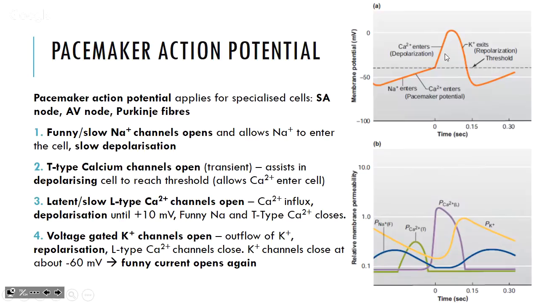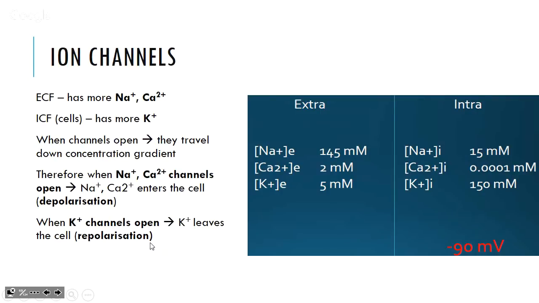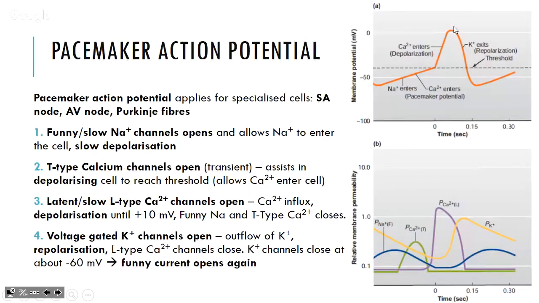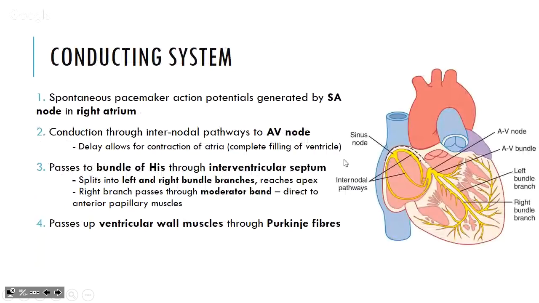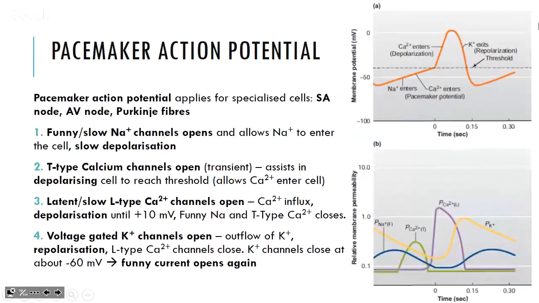This is the slow L-type calcium channel, which will result in even more depolarization until you reach this point. Once you reach this point, this voltage-gated potassium channel will open, and as you may already know, potassium results in repolarization, so it will go down. This is what's actually coming out of the SA node, this constant action potential. It will just keep repeating itself, and that's what determines your heart rate.